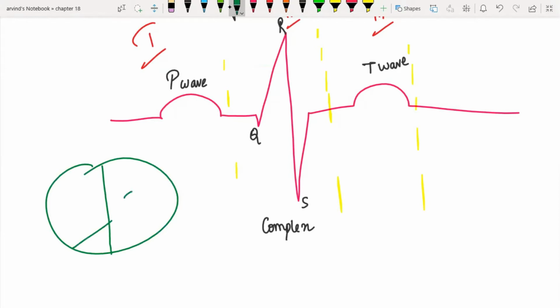This is joint diastole, atrial systole, ventricular systole. Start from AS. This atrial systole is the P wave. Ventricular systole is the QRS complex. Joint diastole, or to be more specific, ventricular diastole, is the T wave.